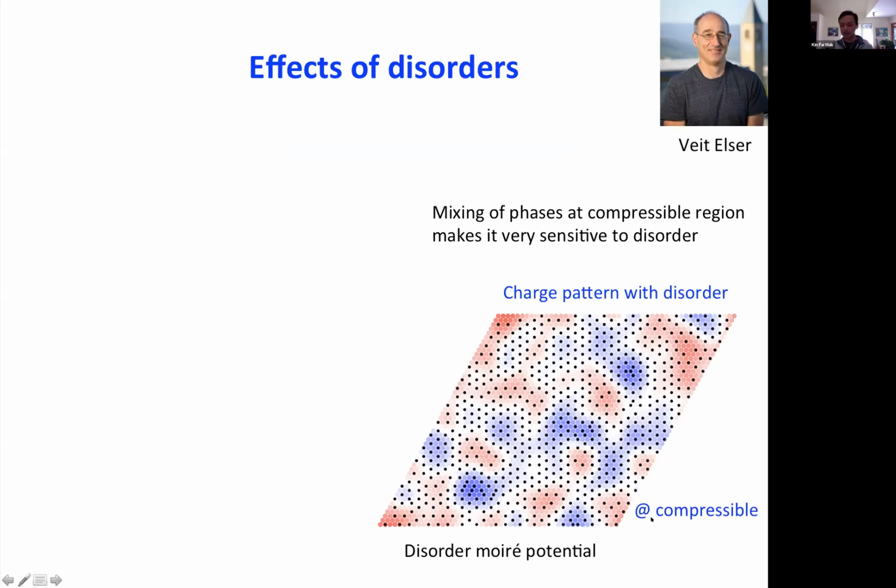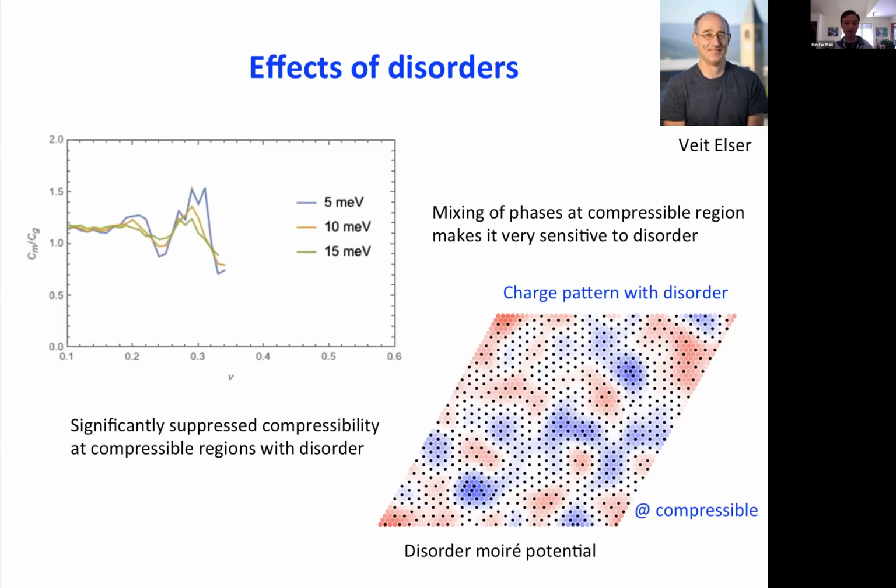In the compressible region, depending on whether the system is at the potential minimum or maximum, they force phase mixing of these different local crystal states. And this is by including just a small amount of disorder, a tiny amount compared to the total moiré potential depth. This is the total disorder potential depth.